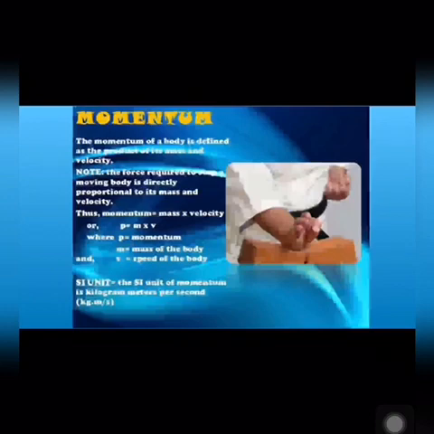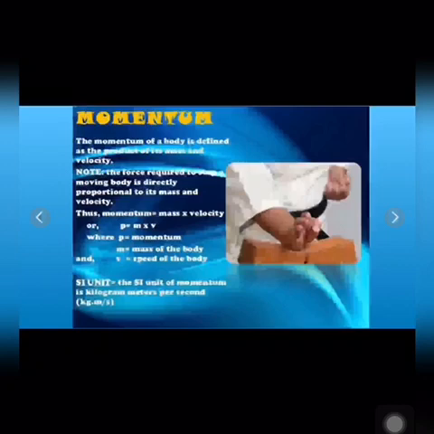Now, in both the examples, we have observed that the impact produced by the objects depends on their mass as well as velocity. Therefore, there must be some quantity that combines mass and velocity of a body. So, Newton identified this quantity and named it the momentum of the body.